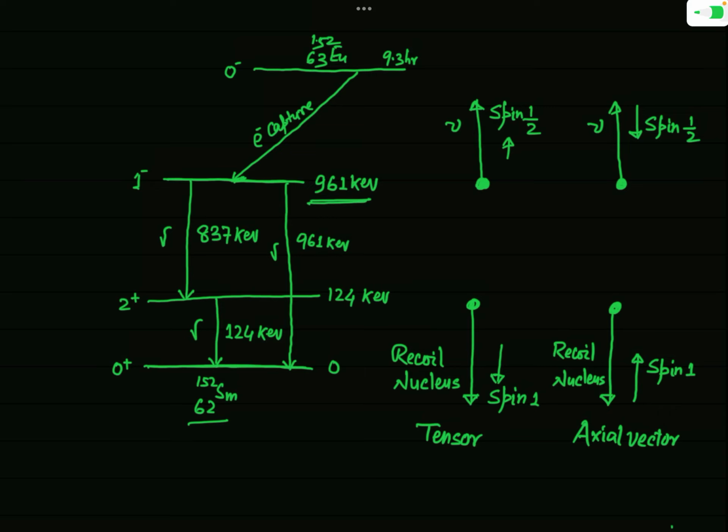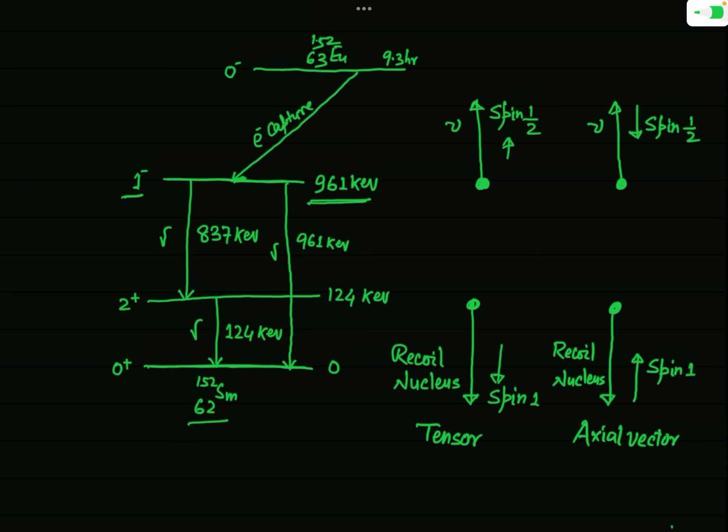So after the electron capture, this Eu nucleus is transformed into the Sm nucleus in its second excited state, and the angular momentum, or spin, of this Sm nucleus in its second excited state is 1, and its parity is negative. This minus sign here denotes the parity.